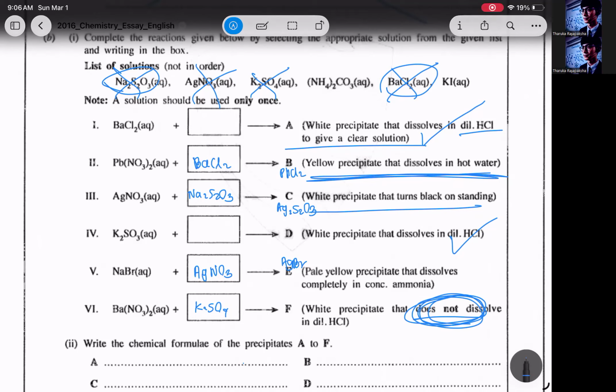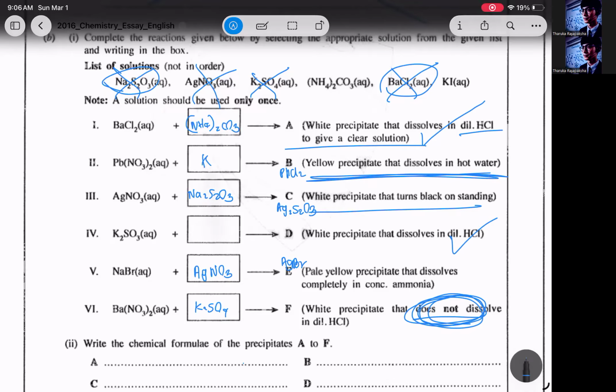So you can see a precipitate here, ammonium carbonate. And here it's going to be ammonium carbonate, the white precipitate that dissolves in dilute HCl. And this should be changed. This is not barium chloride.